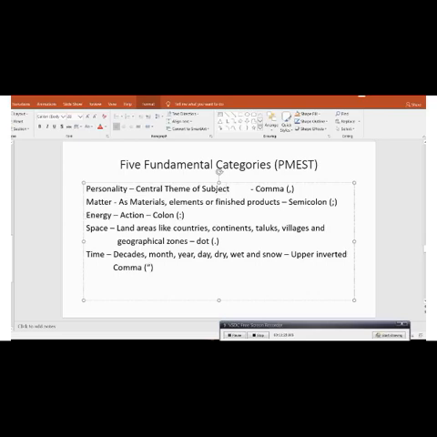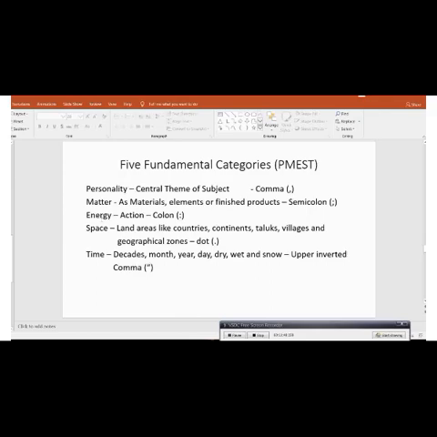For example, energy. Energy is action. In English grammar we can say it is the verb. So the actions come under the energy facet: writing, cataloging, classification, jumping, dancing. So whatever actions we denote come under the energy facet.